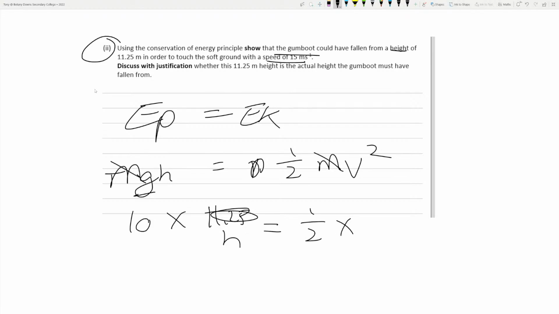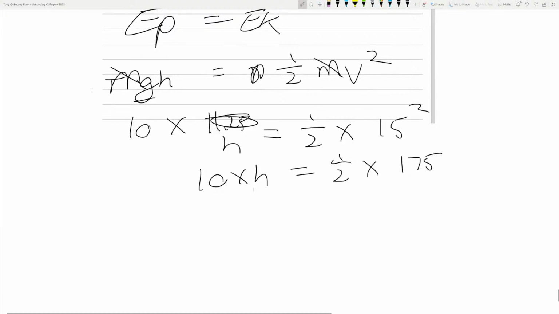Half times v squared, 15 squared, which is half of 175. 10 times h equals that. Excuse me, h will equal to. No, don't need the mass.